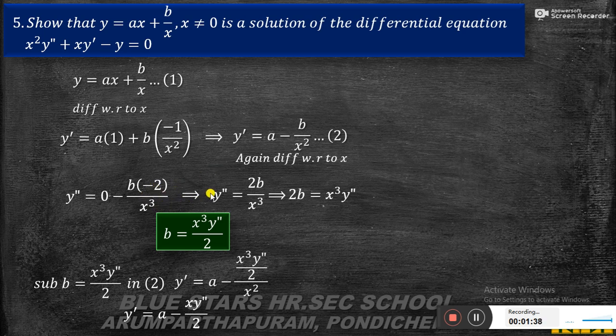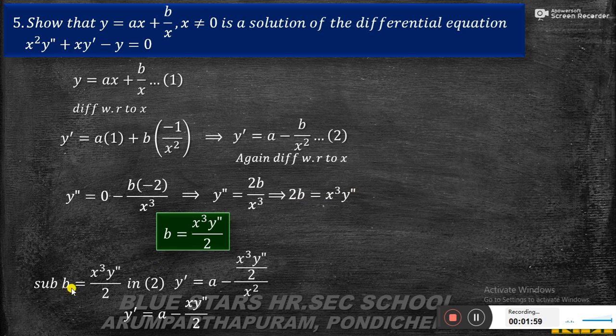So y double dash equal to minus into minus, plus 2b by x cube. Doing the cross multiplication, y double dash into x cube equal to 2b. So b equal to x cube y double dash by 2. This is the b equation.